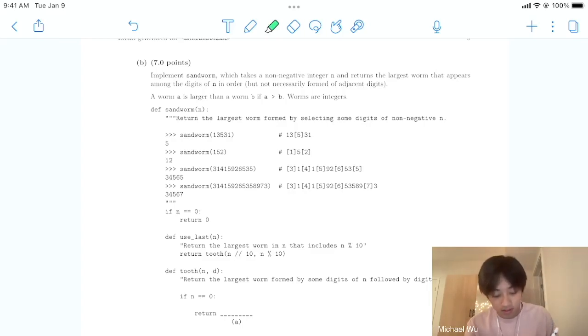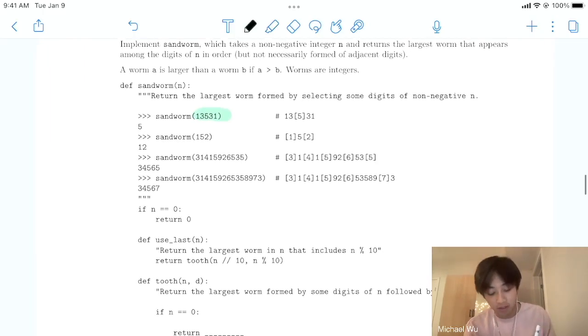So in this case, the biggest worm inside this number is actually just going to be 5, because we know that there are no two consecutive integers here. So the biggest worm is just going to be the biggest digit.